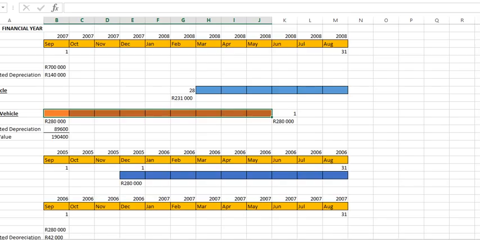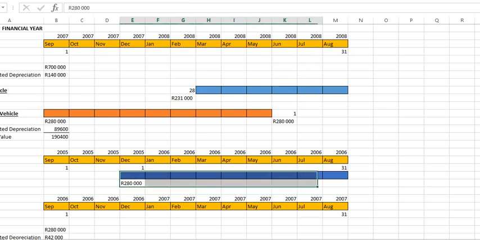Okay, so now we're on the 1st of June 2008, but now we need to get to the end of our financial year, so the 31st of August 2008. And to get to that, we now need to look at the depreciation for this new vehicle which we bought.